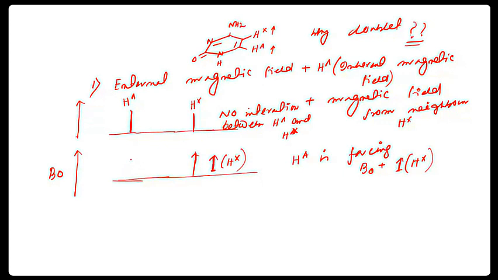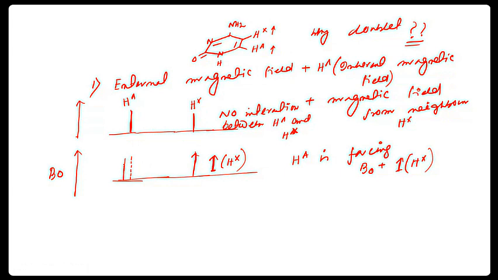If HX had no influence on HA, the peak was supposed to come here. As I taught earlier, if the magnetic field is stronger, the splitting between the two nuclear states will be larger and the peak will shift to higher ppm values.